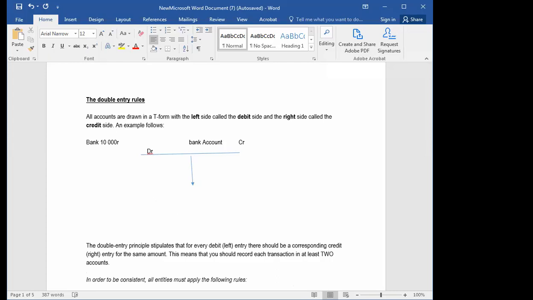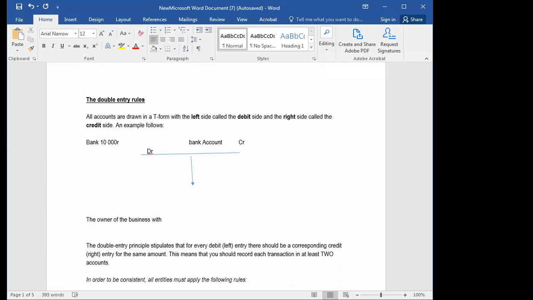Now, we have the transaction. It says that the owner, let me write it, guys, so that we will all see what I'm talking about. The owner of the business, yes, of the business, done what?